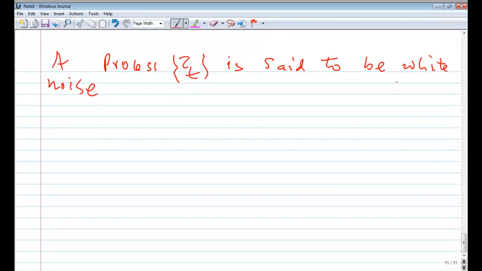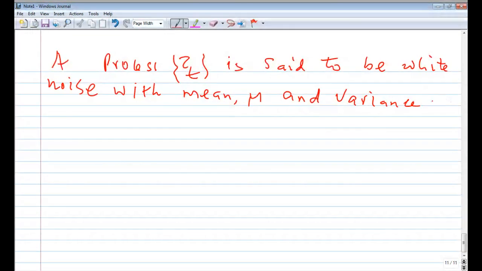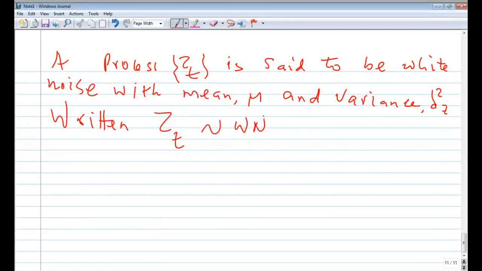A process that is said to be a white noise or a purely random process with mean mu and variance sigma squared z, written as Z_t white noise, open brackets, mu, sigma squared z.